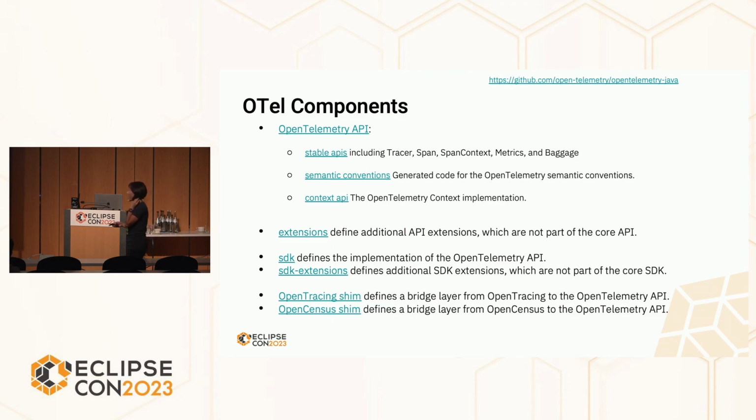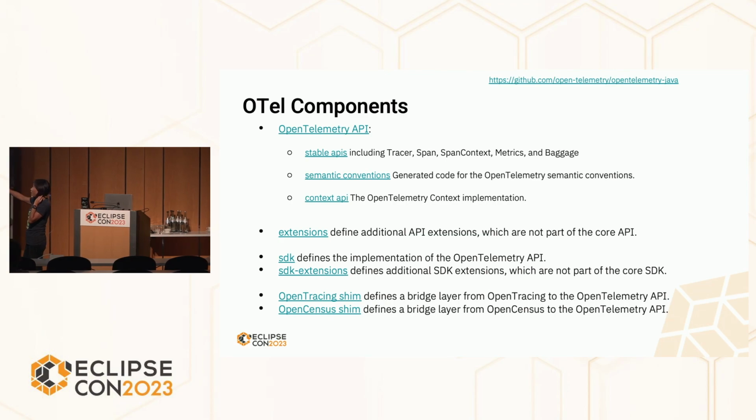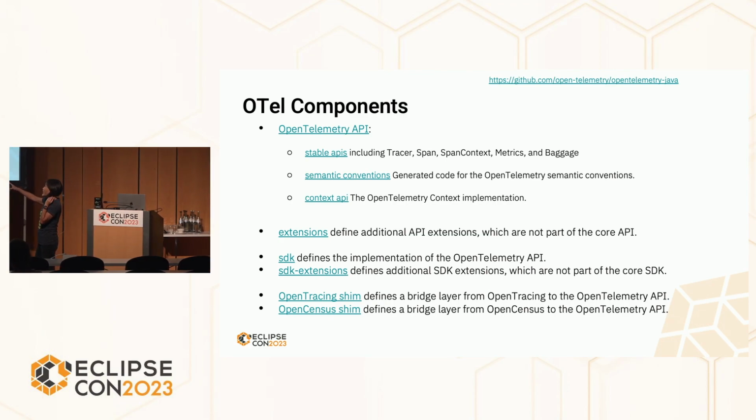And you also have the SDK, the implementation of the OTel API, and SDK extensions, which define additional SDKs. The other thing I mentioned earlier, because OTel is a merge between OpenTracing and OpenCensus, is that there should also be a migration path.